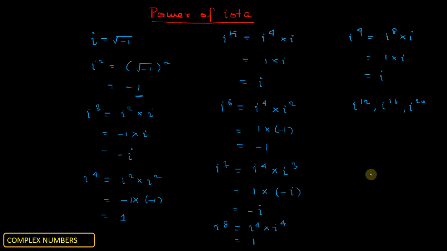So when we have power as multiple of 4, then the value will be what? 1. Okay, that means when we have iota raised to 4k, where k is integer and power is multiple of 4, in that case we have value as 1.